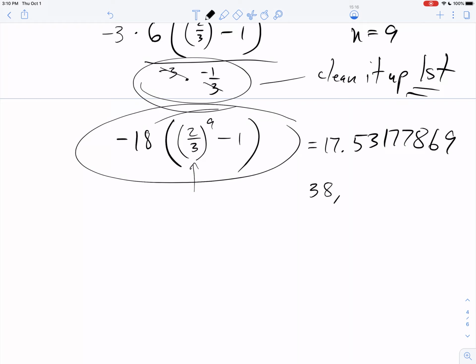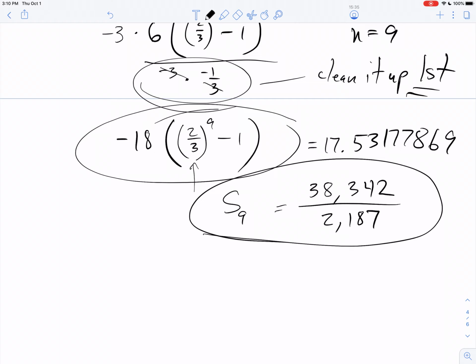And you might go, oh my gosh, that is the ugliest looking number. Yeah, it's not pretty, but play by the rules. 38,342 over 2,187. That is the 9th partial sum for that series.